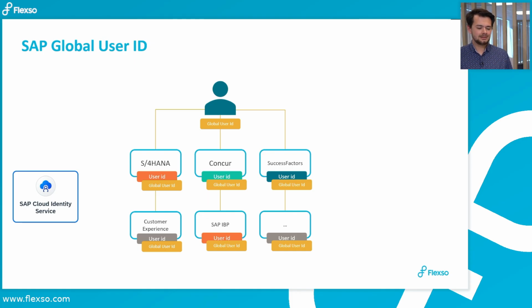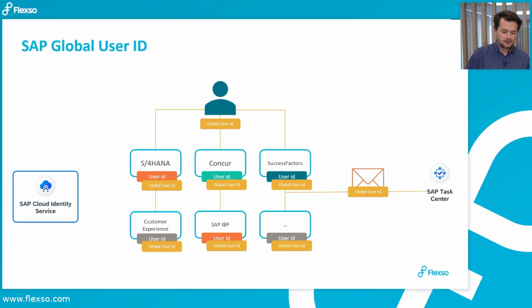And this means that at the top you can just say this global user ID is this person, and you're sure that it will always be the right person that will be assigned or retrieved. It's really important to know this and to set this up right, because our central inbox, our SAP Task Center, needs this.